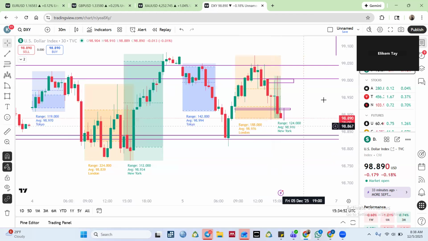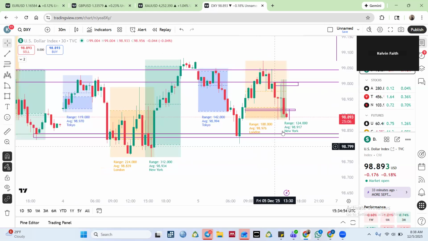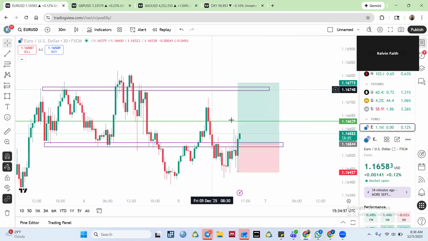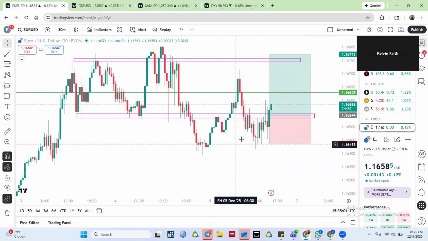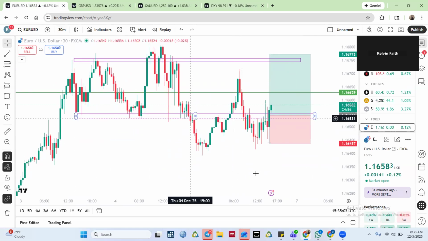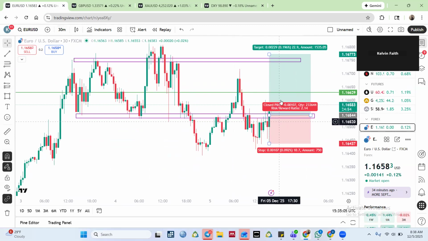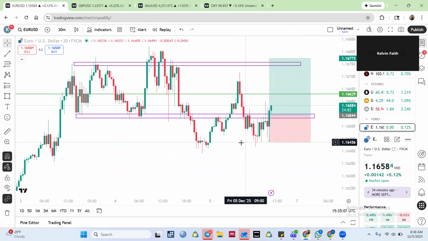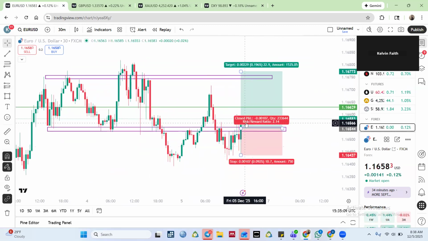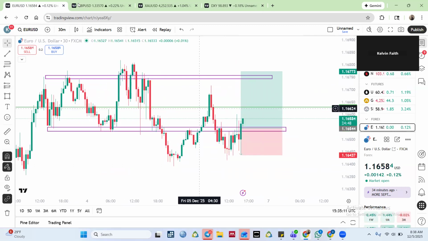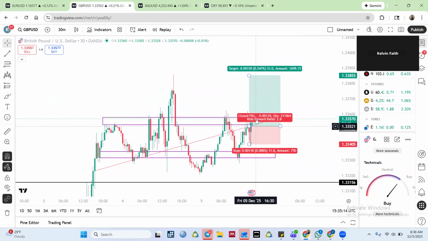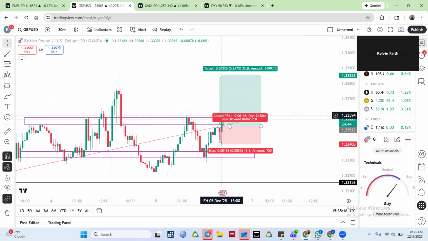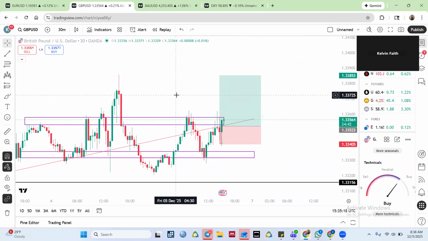But the good thing is we are anticipating that the dollar index will keep dropping so that Euro USD will be pointing up. And it looks like it's exactly what it's trying to do right now. So if you want to trade, you can take an entry on Euro USD because that is going to give a better entry than GBP USD. GBP USD is already kind of up there.